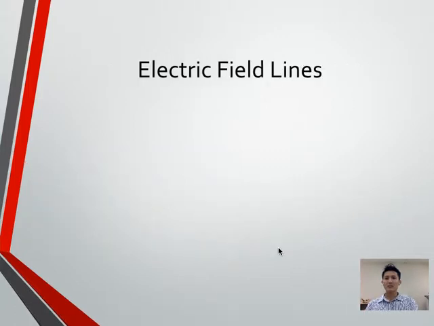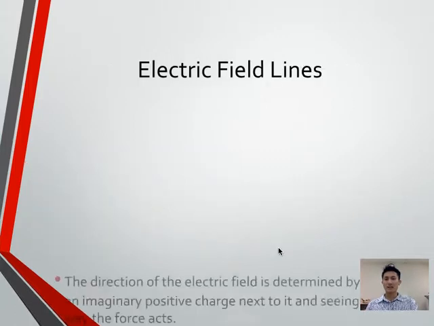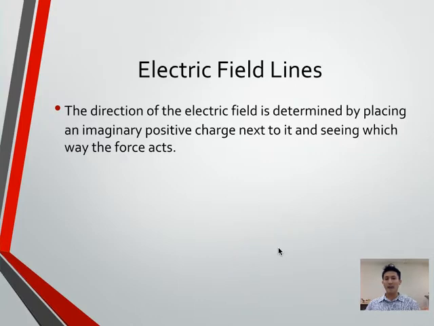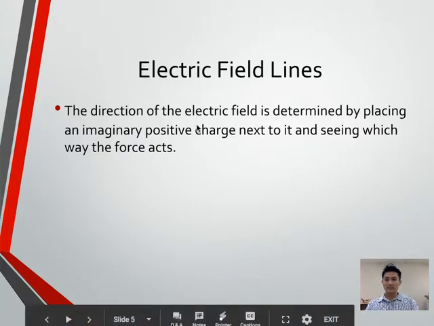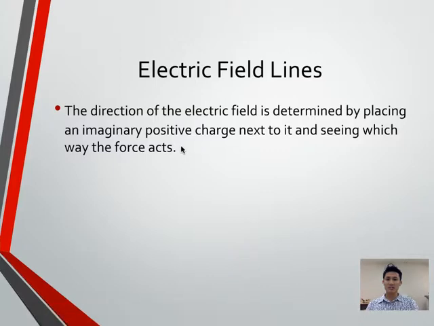Now what's also really important is electric field lines. We can use arrows to give the direction as well as the quantity of the electric field. Like I said earlier, we can find the electric field by placing a test charge, an imaginary positive charge.